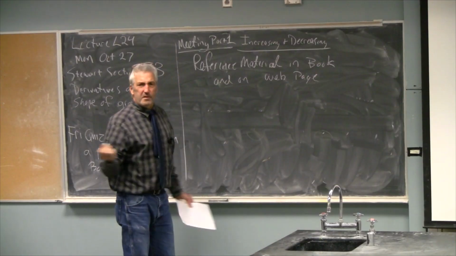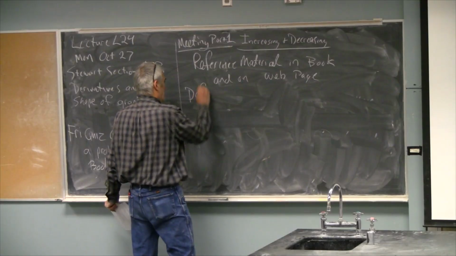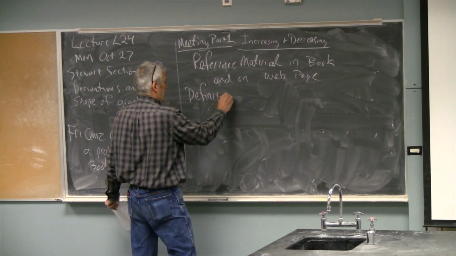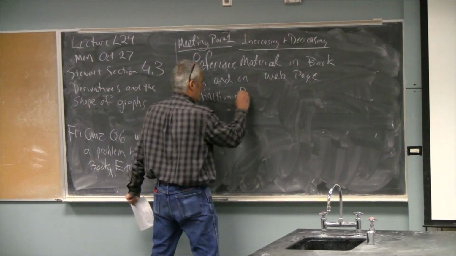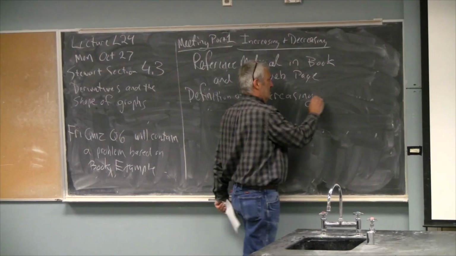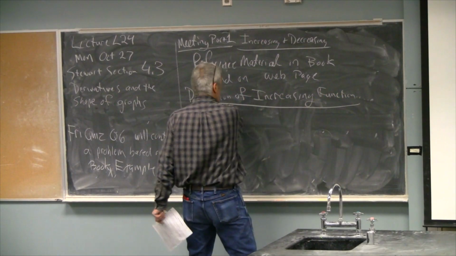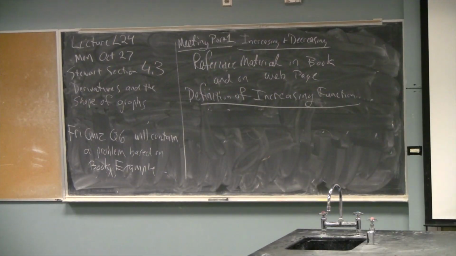So I'm going to start with the definition of an increasing function. Again, it's in the book, it's also on the web page, and you'll be referring to these definitions in recitation tomorrow.